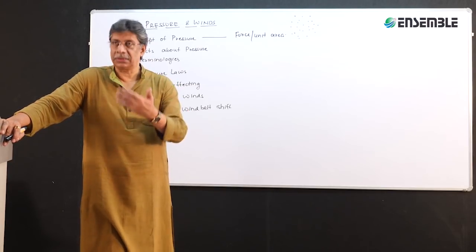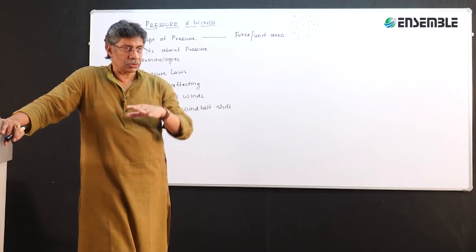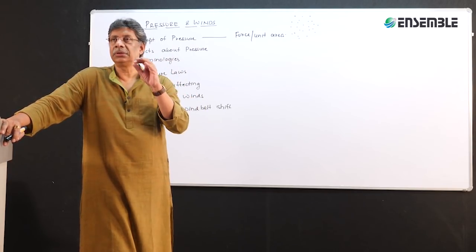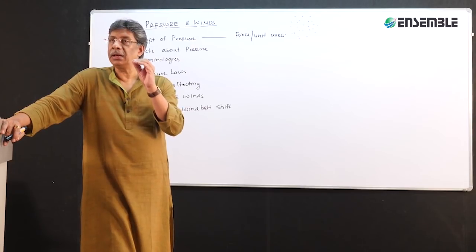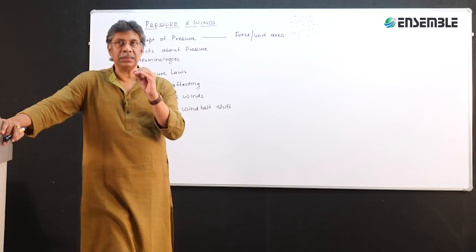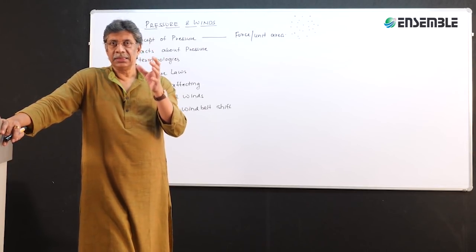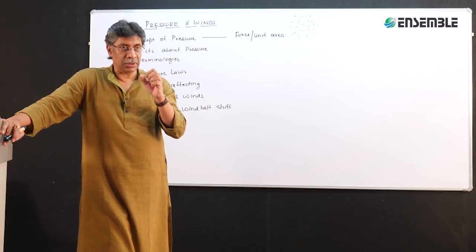Now, take it from another angle. Imagine this whole classroom is filled with air, and they are going to be air molecules. Now, these air molecules are likened to tennis balls.